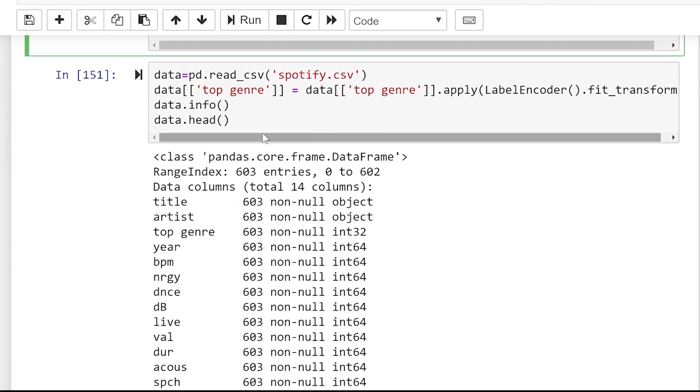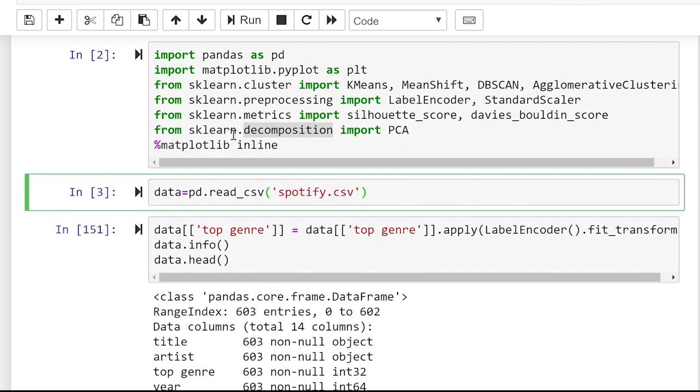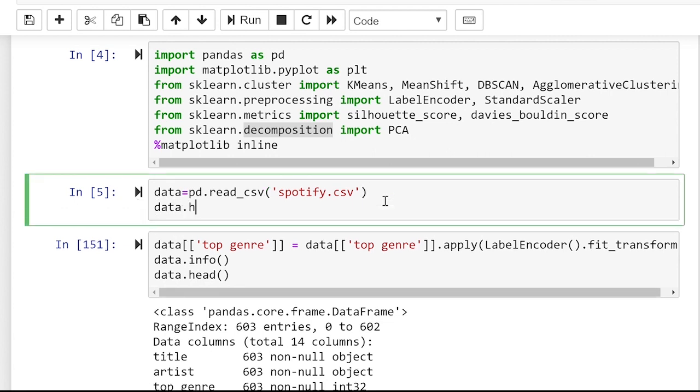We have a data file which is called Spotify, and let me show you how it looks like. These are the songs in the top 50 from year 2010 to 2019 in Spotify. What we want to do is to group these songs together with our clustering algorithms and to see the different groups and the similarity between some songs.